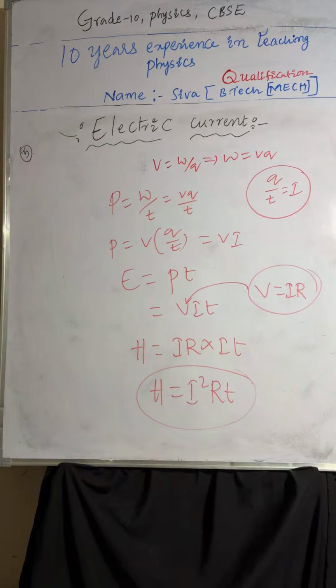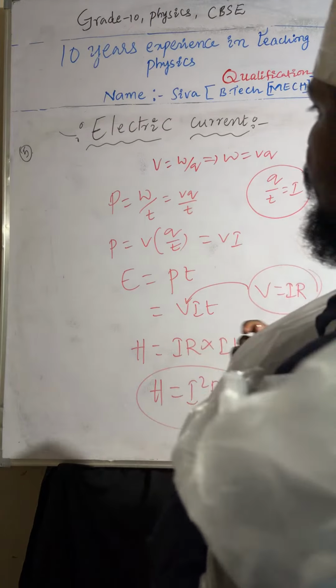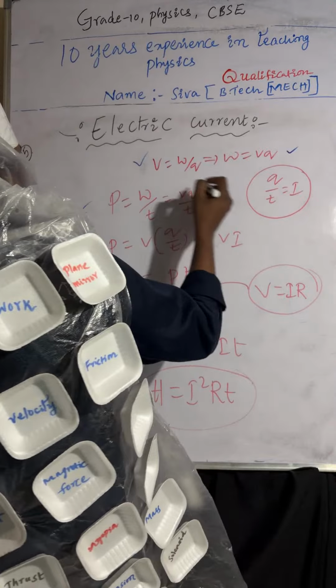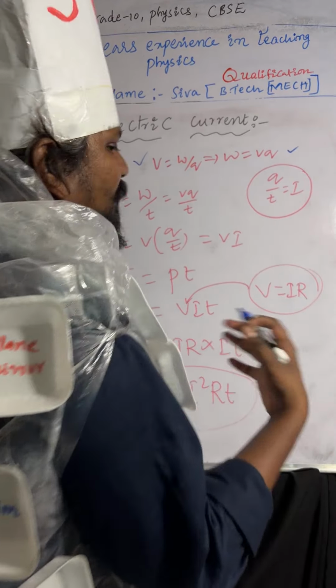So I hope it is very clear. This is a very important derivation, and at the same time, each and every line is a formula. Based on that, they will take any formula and give a problem. Based on this one, they may give a problem. Based on this one also they will give a problem.